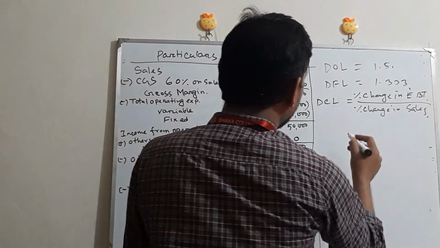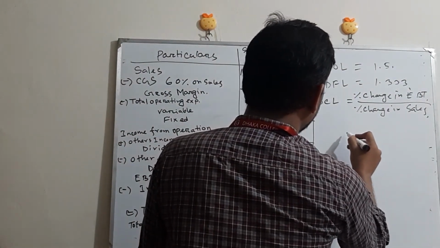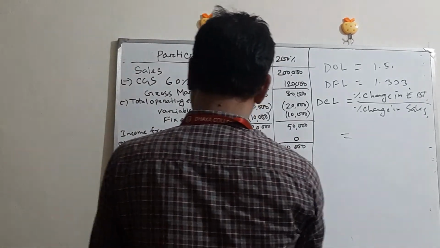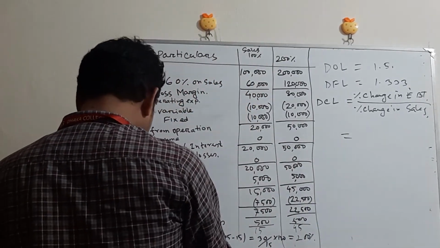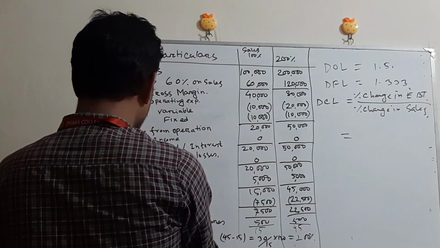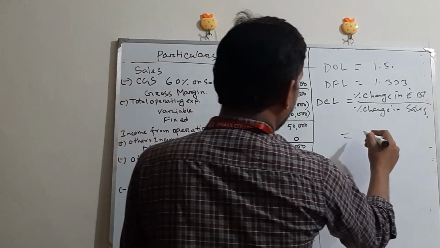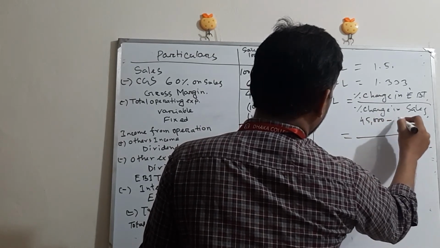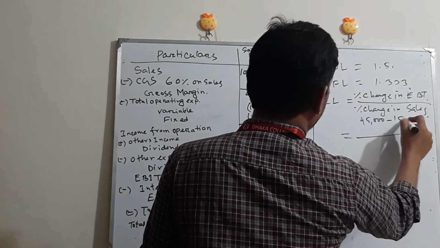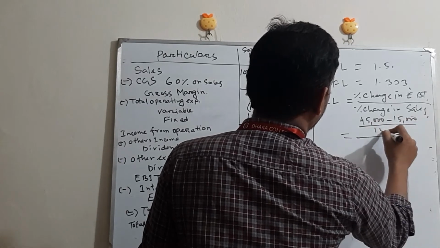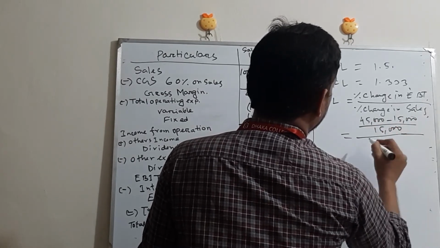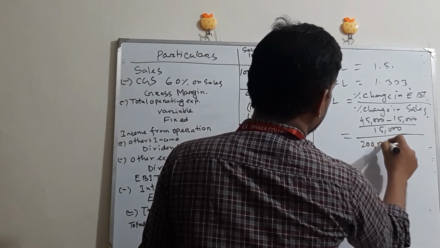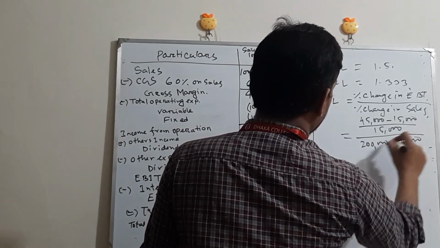This should be understood and realized. Percent change in EBT: 45,000 and 15,000 taka, then the change in sales is 2 lakh and 1 lakh.